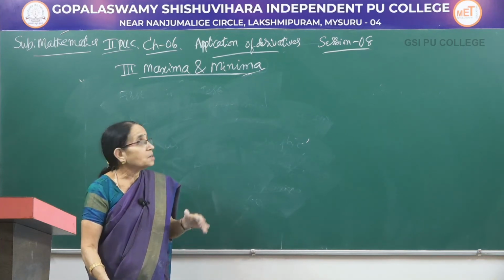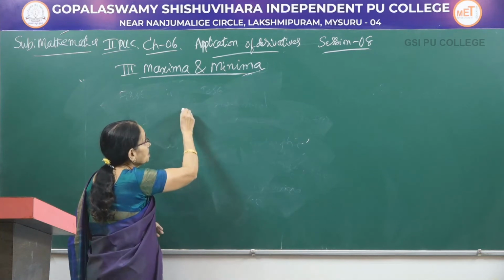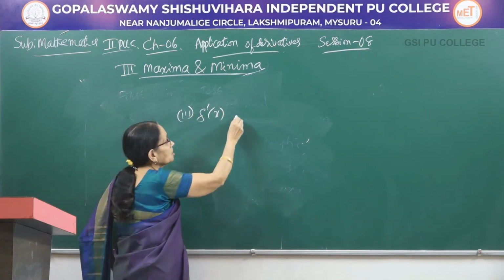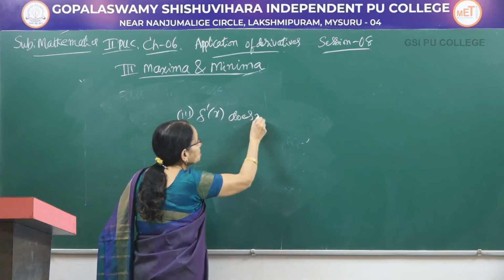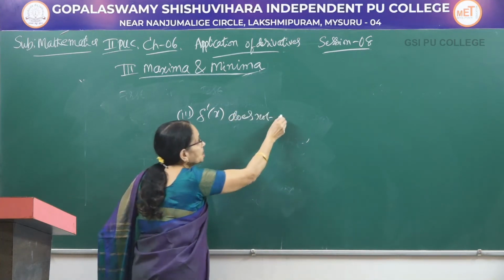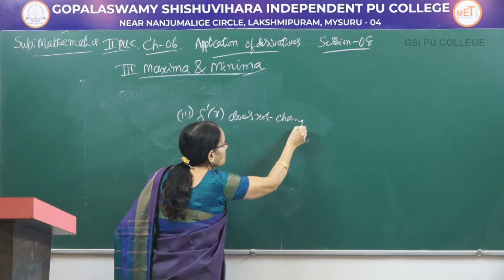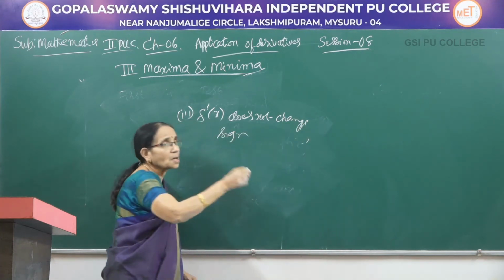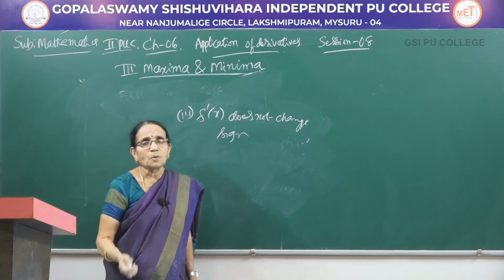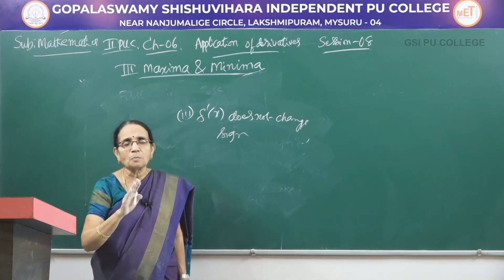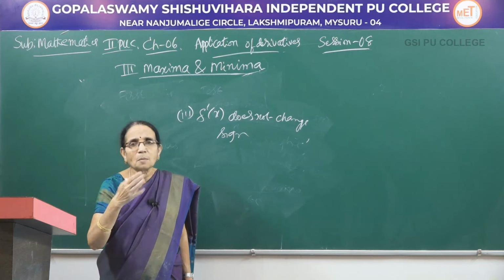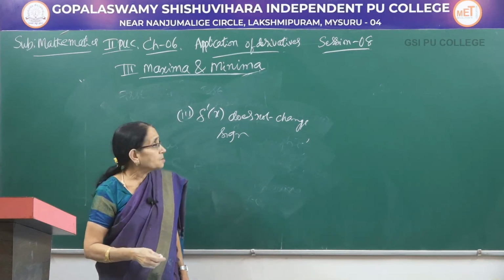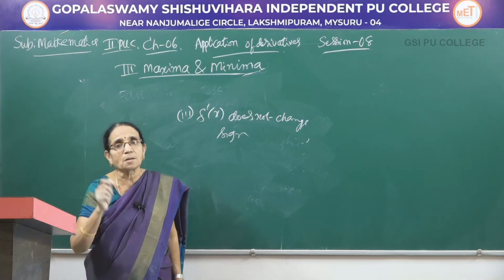Suppose, third possibility, f dash x does not change sign at all as x increases through C. One possibility, it changes sign from positive to negative, it is a maximum point. Negative to positive, it is a minimum point. Suppose it does not change sign at all.